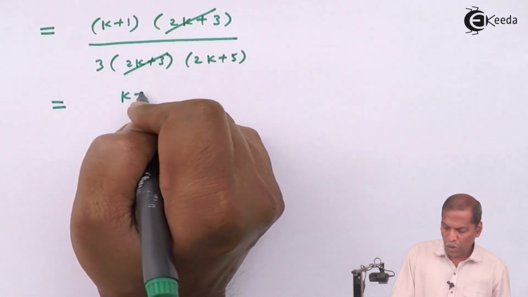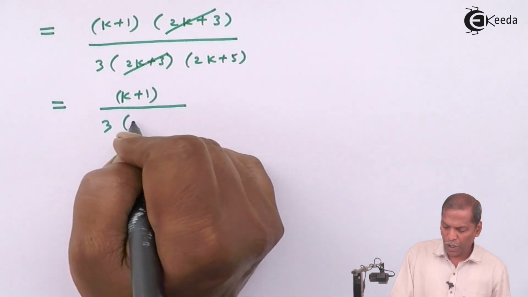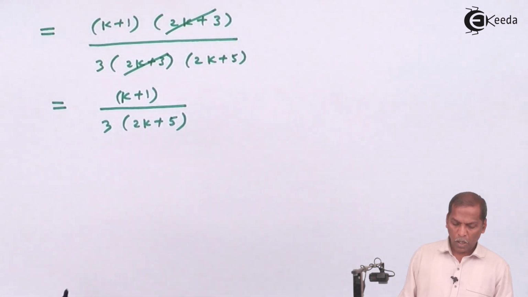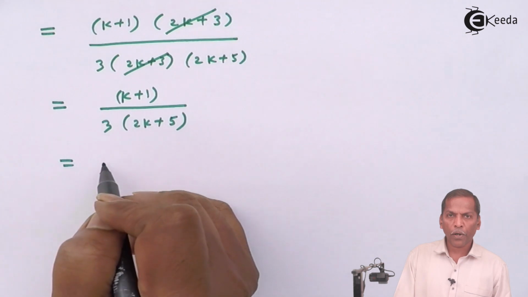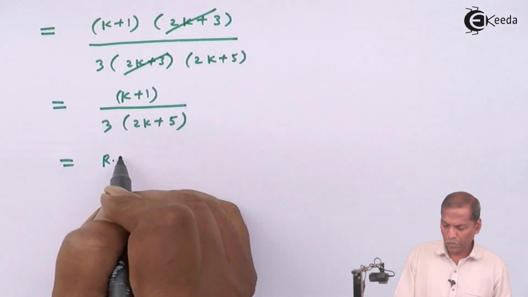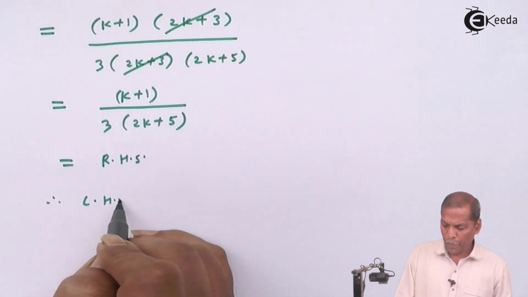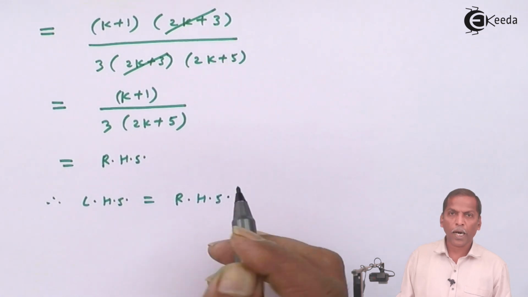So we have (k plus 1) upon 3(2k plus 5), and that is equal to the required RHS. In this way we proved left hand side is equal to right hand side.